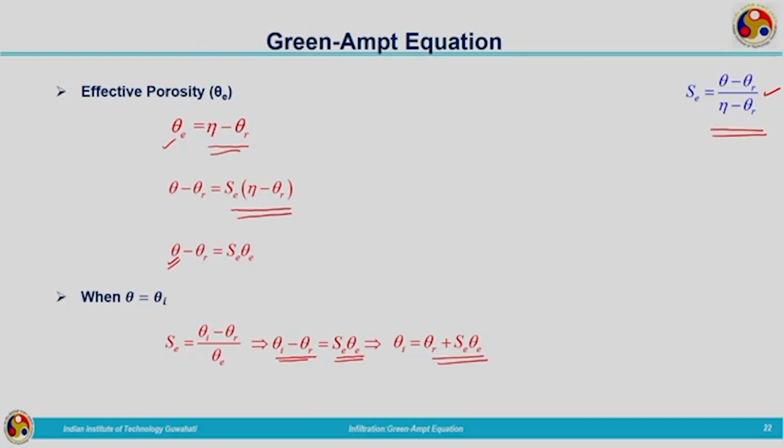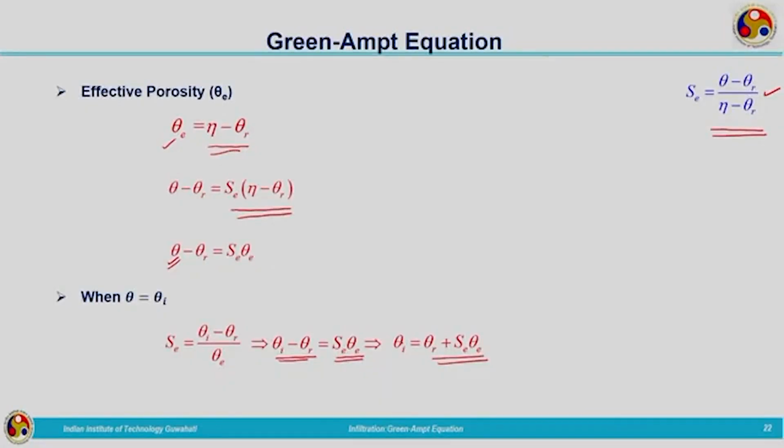Otherwise, there are certain relationships between soil moisture content and soil suction, represented by soil hydraulic parameters. I am not going deep into that particular topic. You will be learning that in soil mechanics or unsaturated flow related topics coming under geotechnical engineering. Then you will be able to correlate these things. Here I am just explaining that theta I can be calculated as the sum of theta R plus SC theta E.